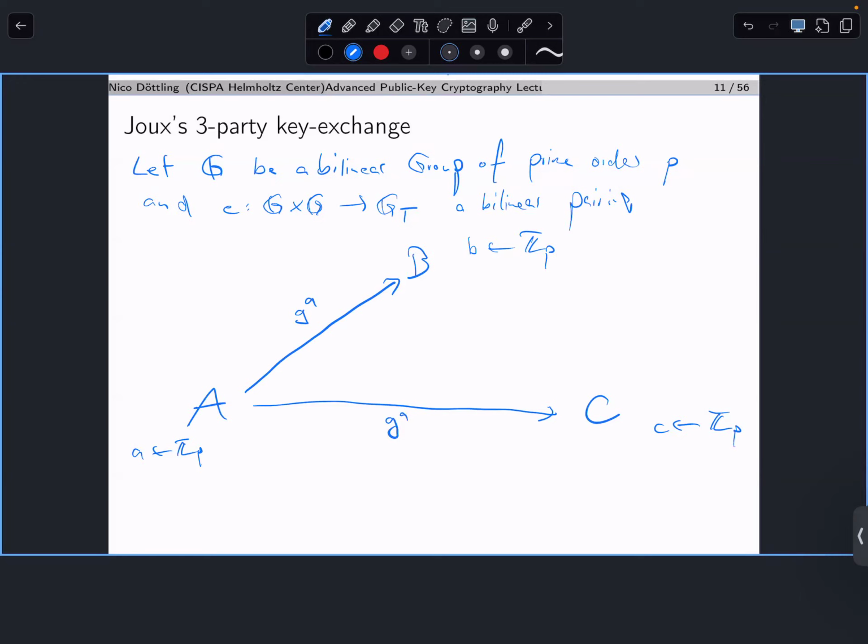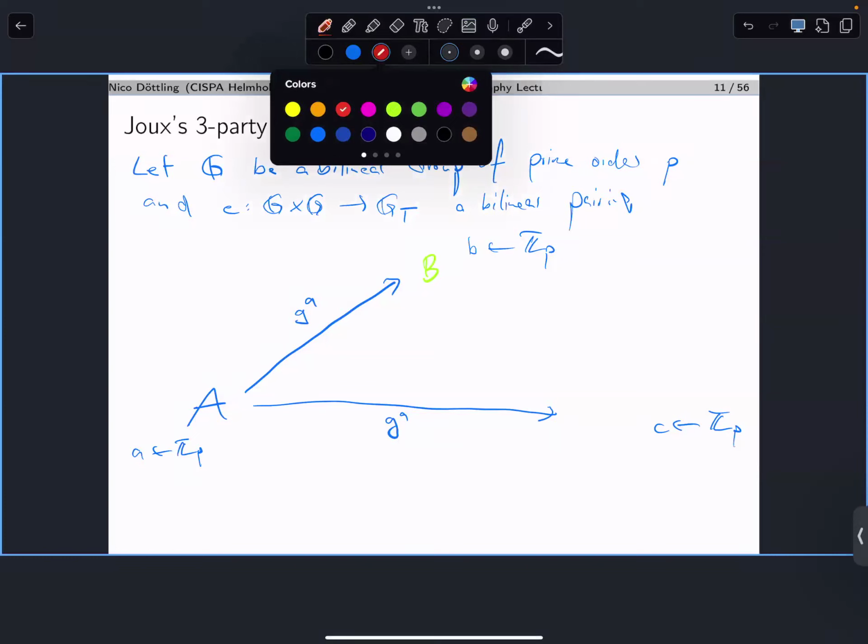Let's use different colors for these three: Alice, Bob, and Charlie.